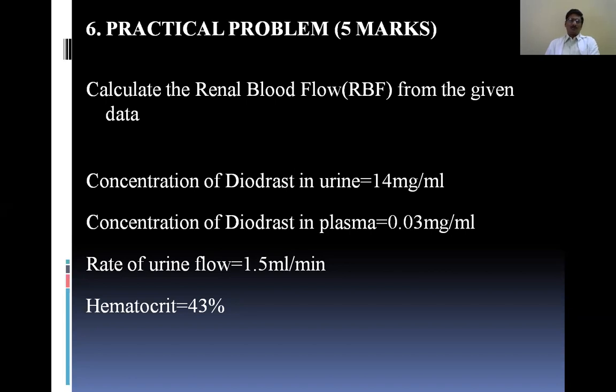In this case, we have the diodrast level in urine as well as plasma, and we have the urinary flow rate. By these values, we calculate the renal plasma flow. And when we know the hematocrit, using these two values, we can derive the renal blood flow. Now we try to calculate the renal plasma flow, RPF.